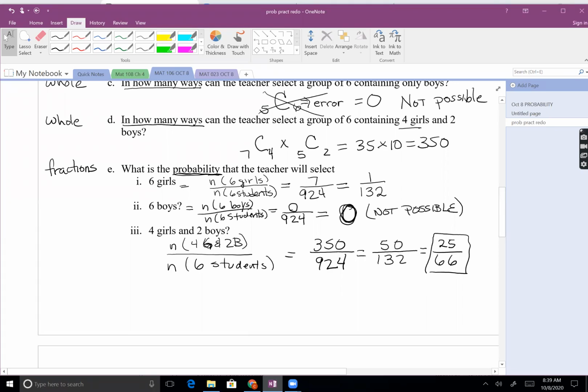I got lost. I have a graphing calculator. Okay, if you have a graphing calculator, you're going to type in 350 divided by 924. Then you're going to press math.